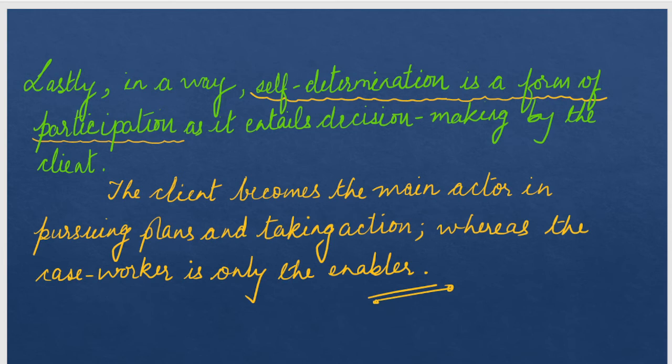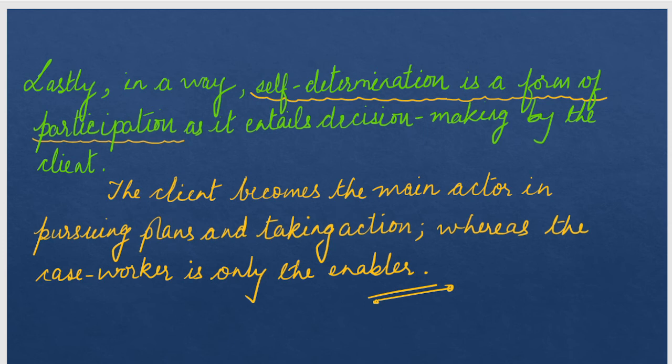We can say the principle of client self determination or the principle of client's participation. Until and unless the client participates in any process, he is not able to solve his problem. So, self determination is simply a form of participation by the client in a decision making process.